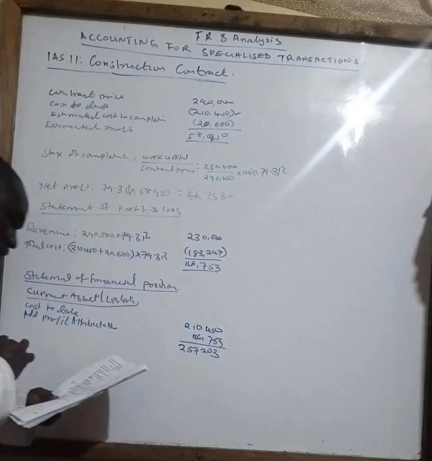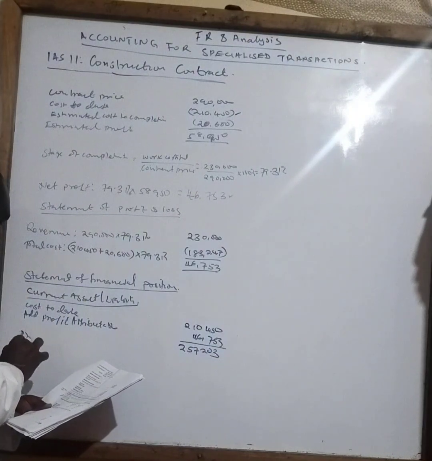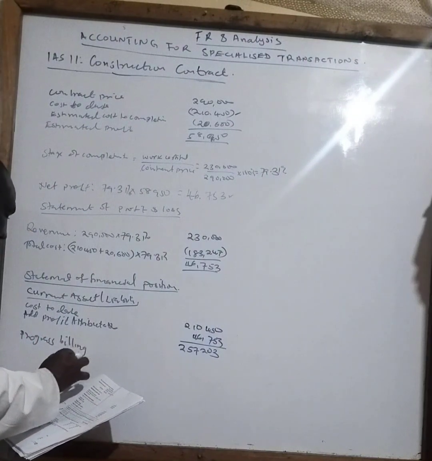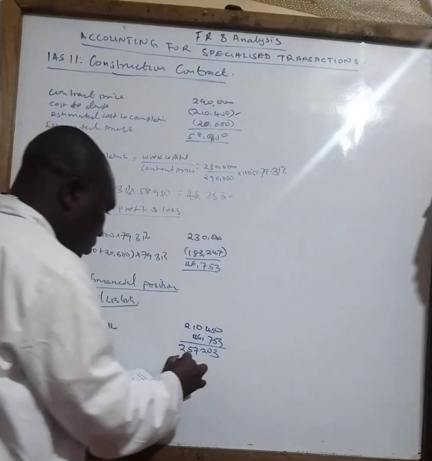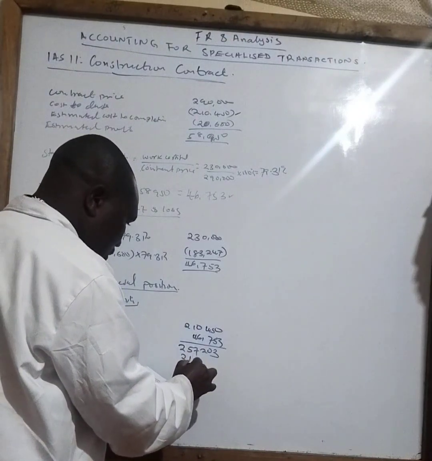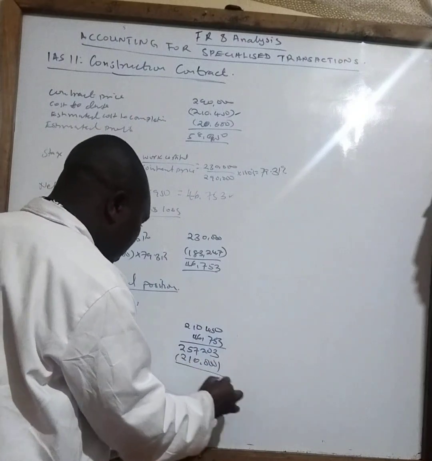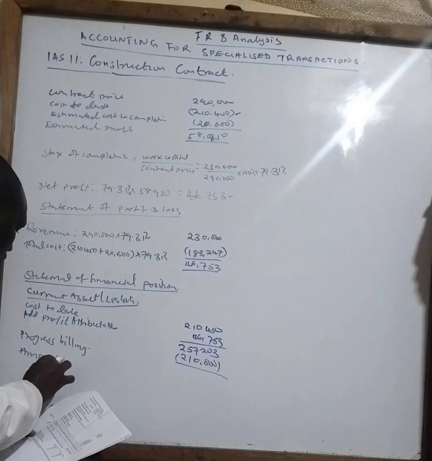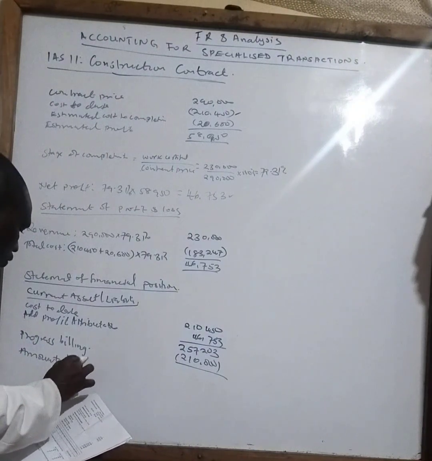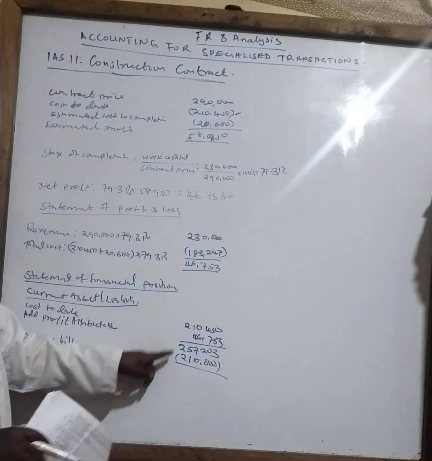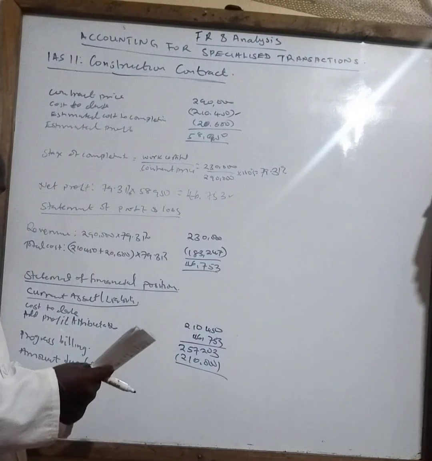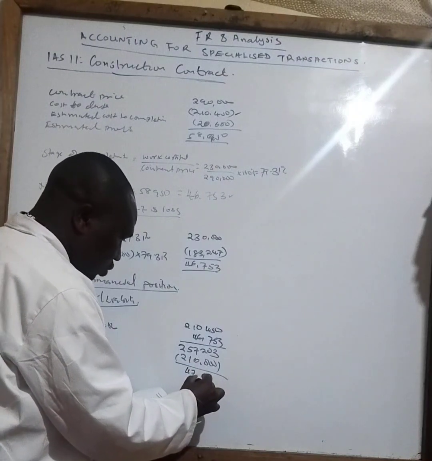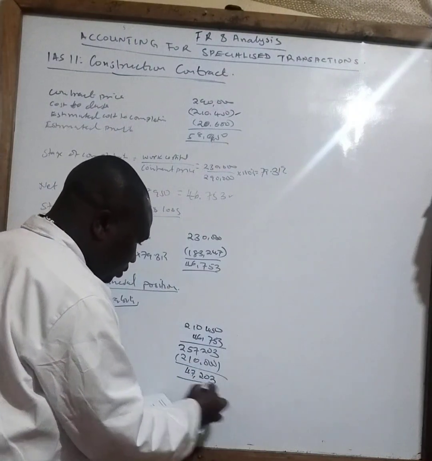So you get 257,203. Then you now say, okay, less progress billing. Progress that has been billed is how much? 210,000. So how much is amount due from customers, because this one is more than this. So if you subtract, you get how much? 47,203.